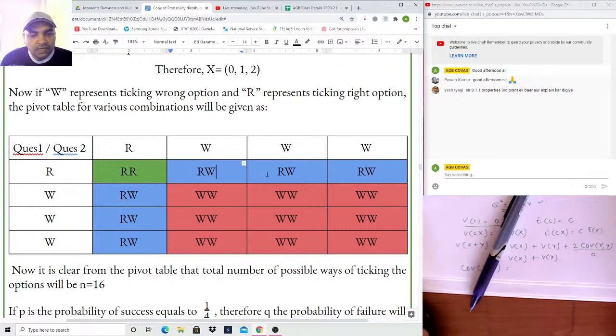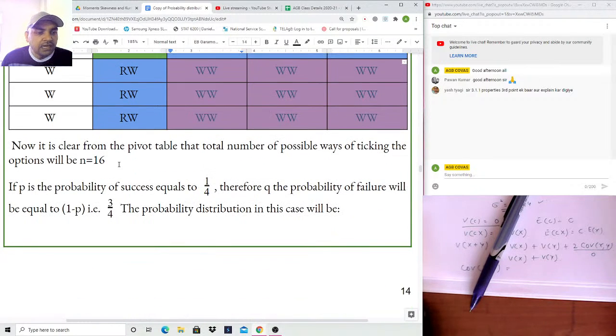There will be 6 chances of getting one question correct, and there are 9 events where we will pick both questions incorrectly. So it is clear from the pivot table that the total number of possible ways of picking the options will be 16 for these two questions.